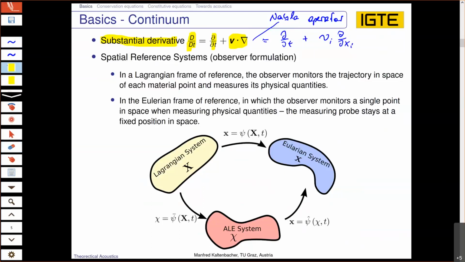What is important for us is to define which spatial reference system we are using. I guess you have already heard of it: there is a Lagrangian frame and there is a Eulerian frame. The Lagrangian frame is mainly used in computational structural mechanics, where the observer monitors the trajectory in space of each material point, and you go along with the deformations as an observer.